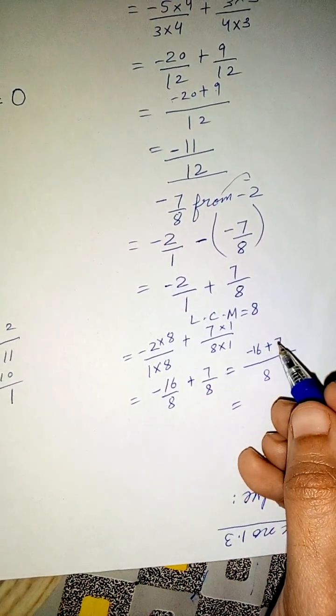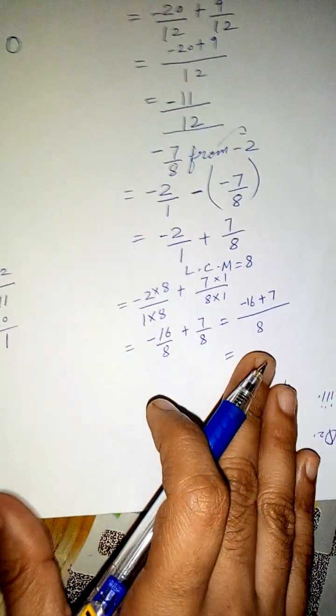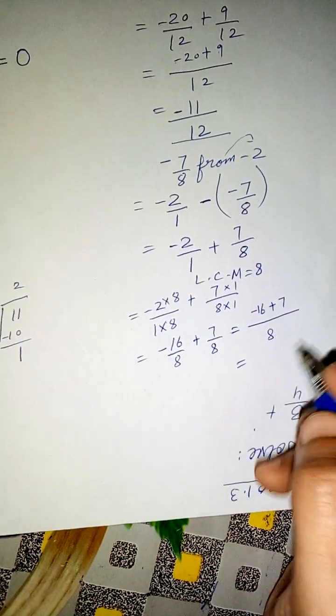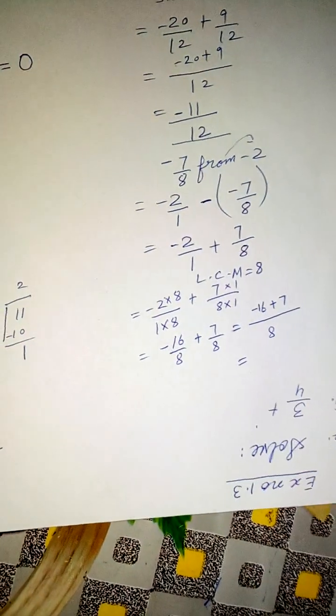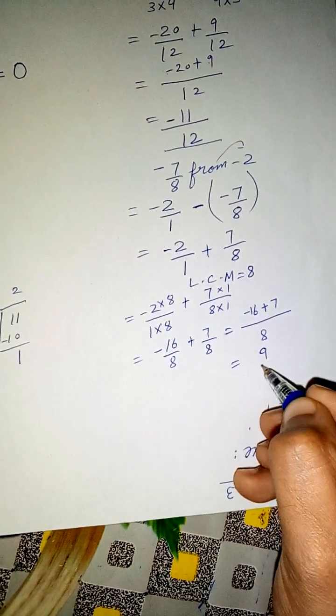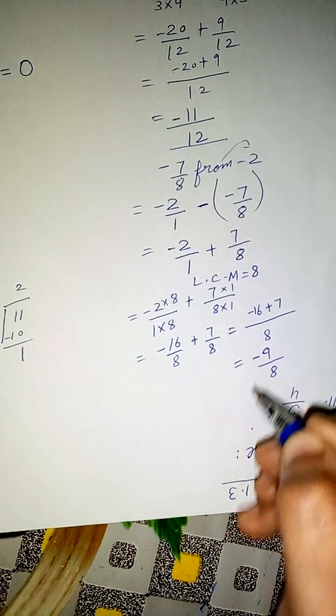We need to do the subtraction. So 16 minus 7 will be 9, and we have to write the denominator, but the sign is of the bigger value.